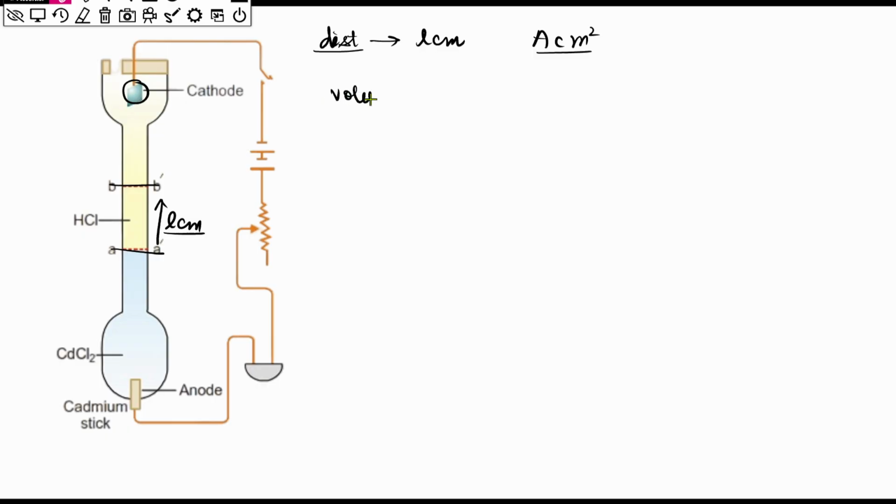So how much volume was utilized here, or how much volume did actually move? It was L into A centimeter cube. As simple as that. Now we know the formula of concentration. The concentration of H plus ions, or normality, is the equivalent weight of that particular substance upon the volume.